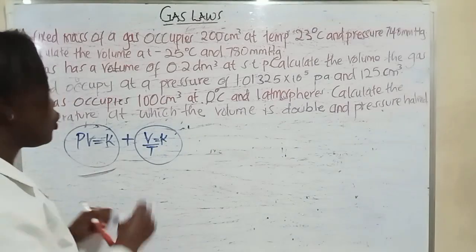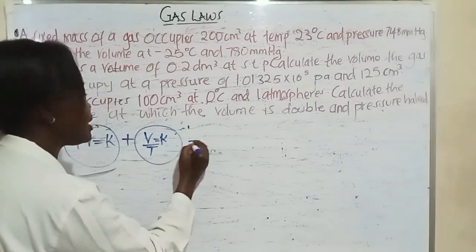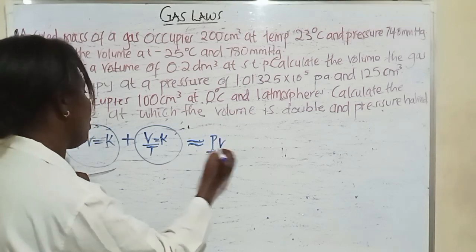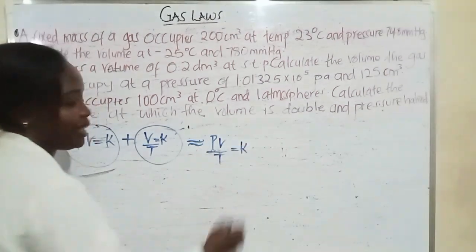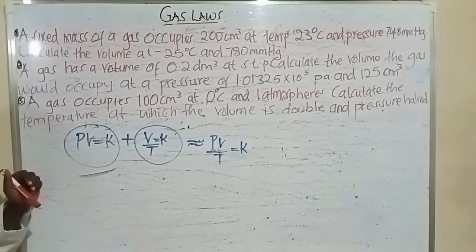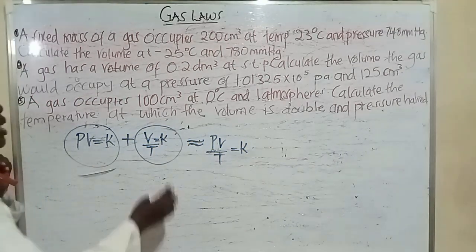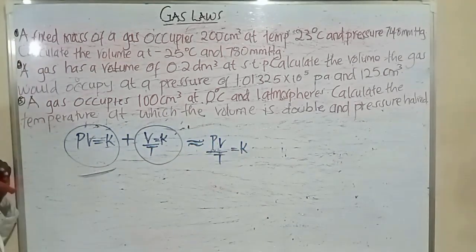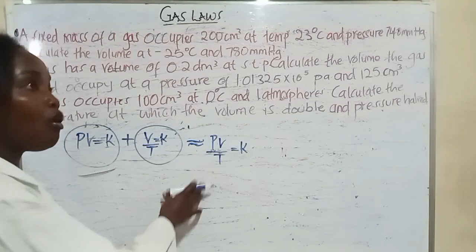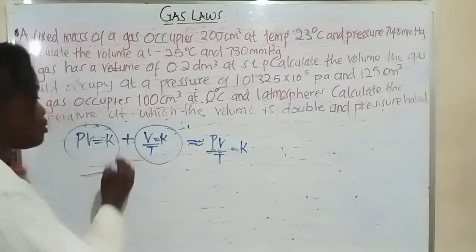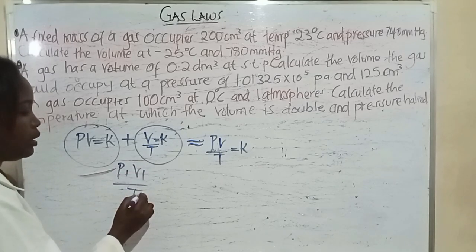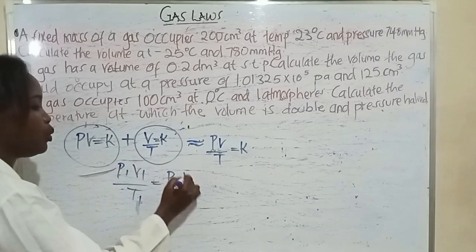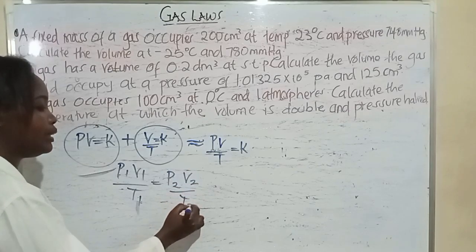You get your combined gas law, which is going to be PV over T. So this is where we get our combined gas law. The formula of our combined gas law is P1 V1 over T1 is equal to P2 V2 over T2.